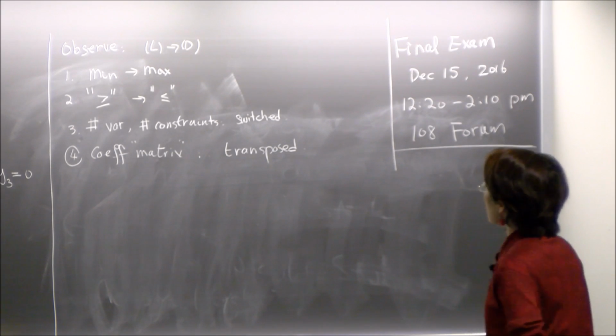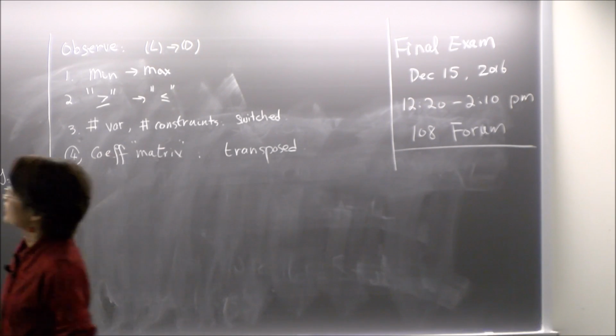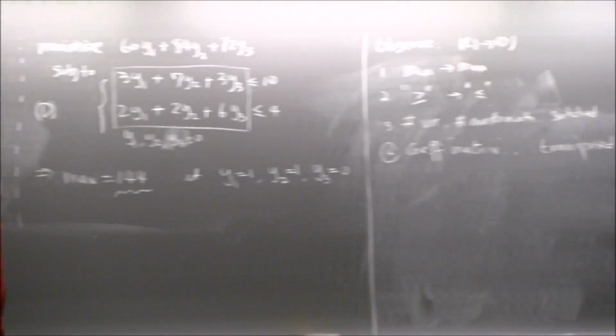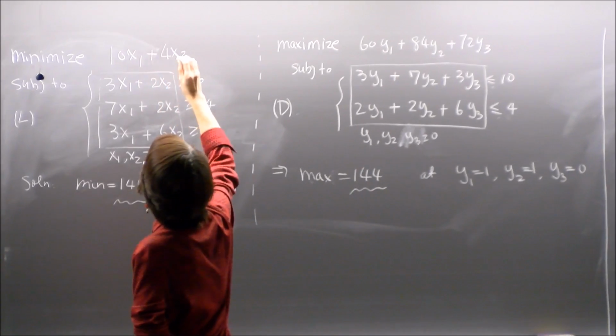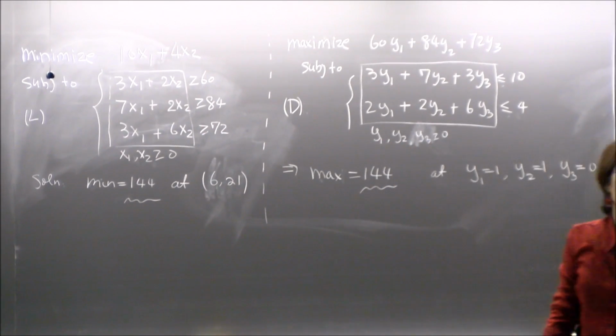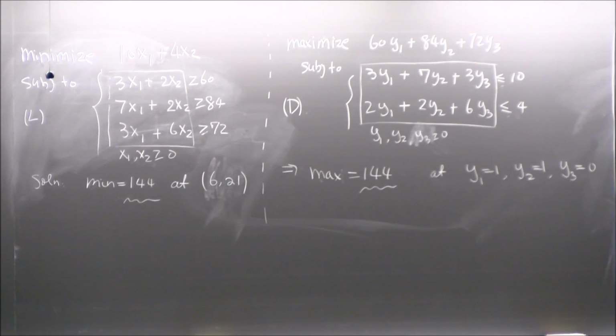All right, that's that. And let's look at the objective function. So for this objective function, in particular the coefficients, I have 10 and 14. Where do they end up in the other problem? The constant vector, right-hand side. Is that right?